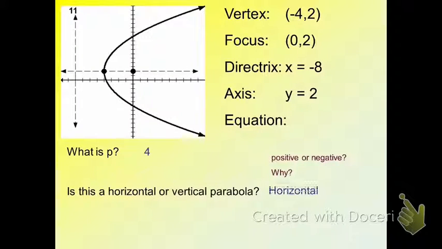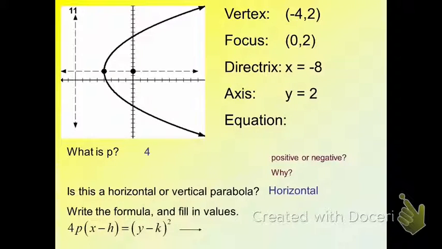So what needs to be squared, x or y? The y. There's the equation you should have ended up with. Wait, why is that P in the front? It doesn't matter. If you wrote it y minus 2 squared equals 16 times x plus 4, it's the same thing.